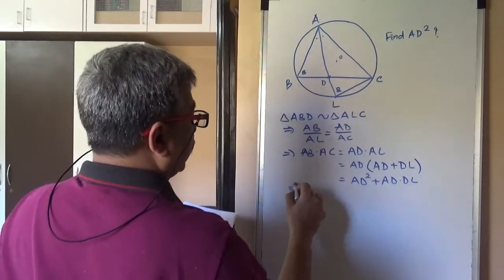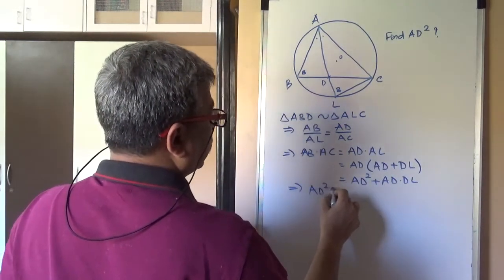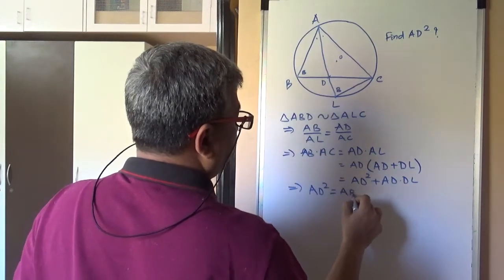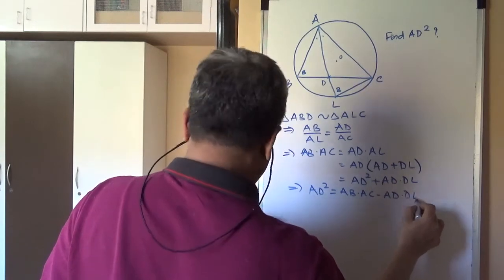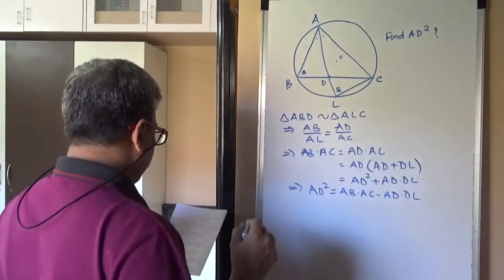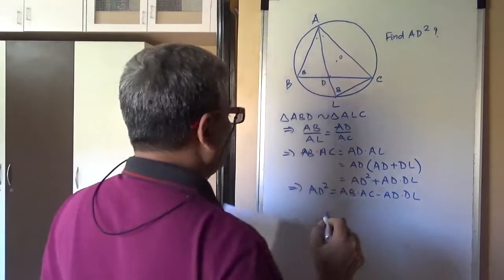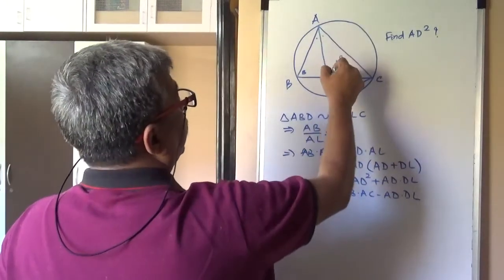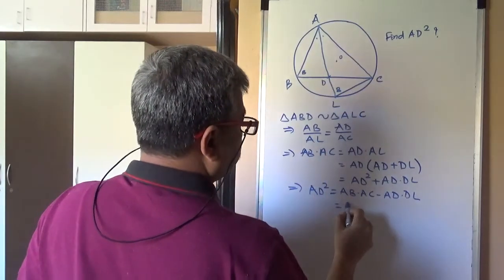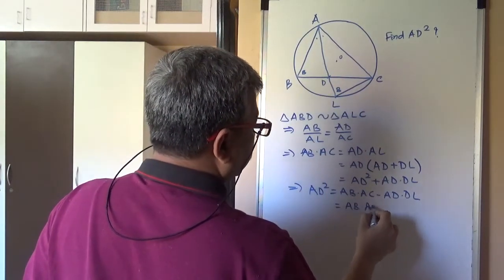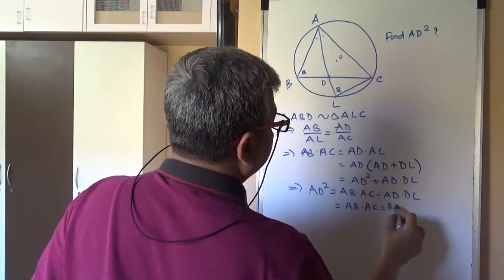And therefore I can take AD square to one side. AD square is equal to AB into AC minus AD into DL. Now AD into DL is also equal to BD into DC.